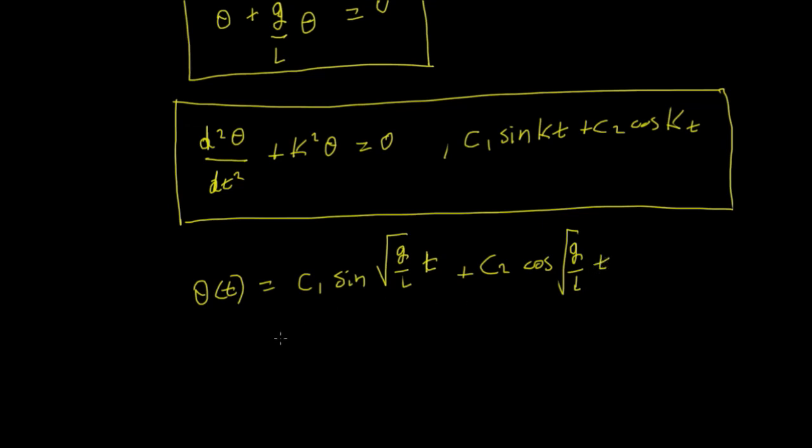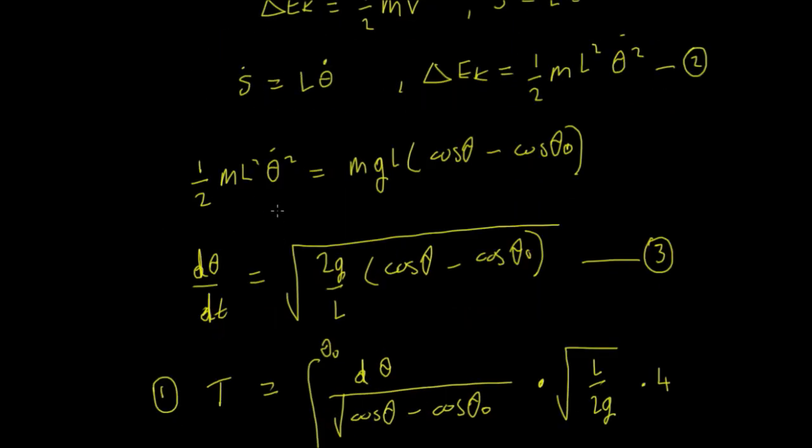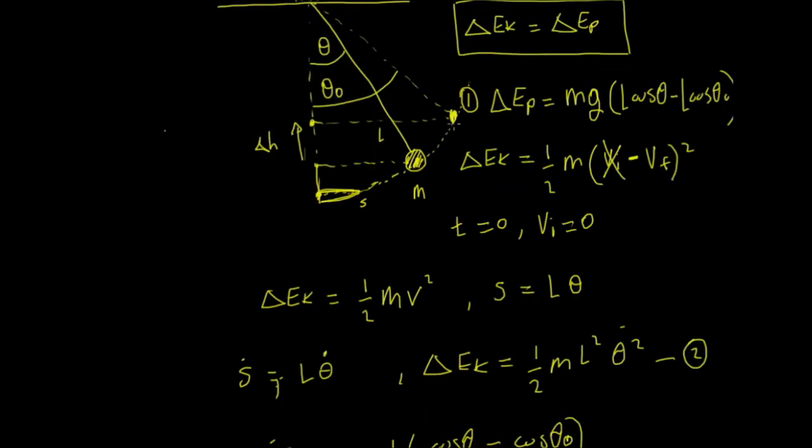Now if we put in our starting conditions, d theta by dt equals 0, and theta equals theta 0 at t equals 0. It's just telling you that you're starting off with the pendulum in that position at t equals 0, the angle you start with is theta naught, and the angular velocity d theta by dt is equal to 0 at that point.